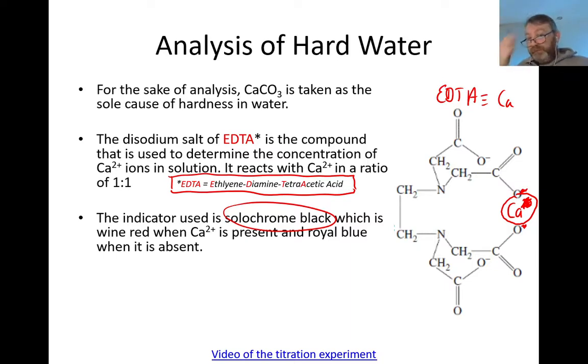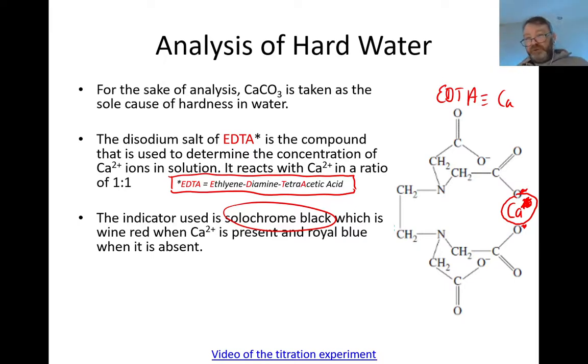So that's your indicator. Now, when you put your indicator into your hard water, the indicator, as we already know from previous indicators when we were doing pH, will only work within a certain pH range. And the best pH range for solochrome black is a pH of 10. Now we know that water is normally a pH of 7 or in and around pH of 7.